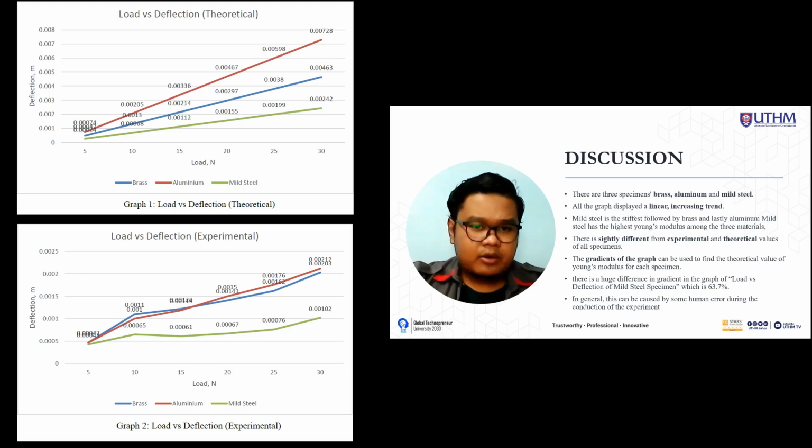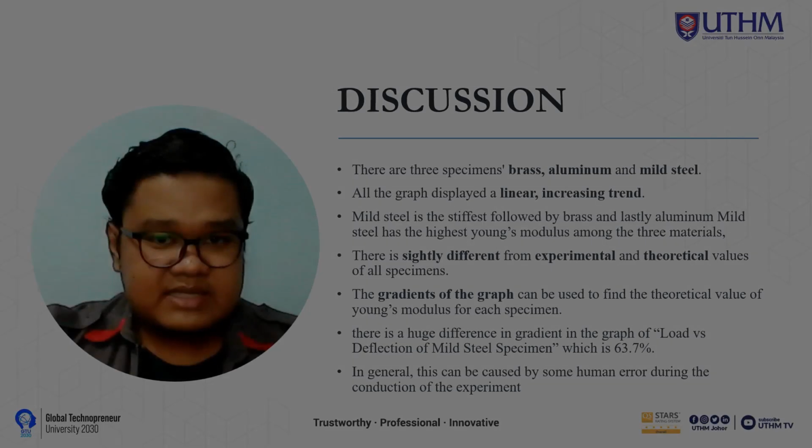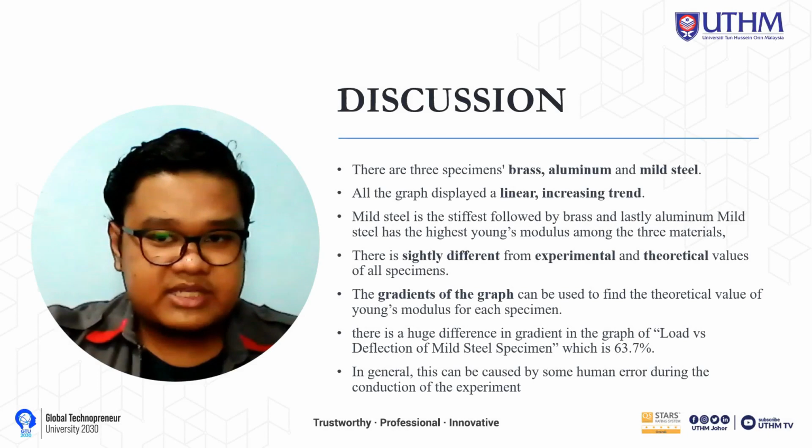When comparing the deflection between all three specimens, brass, aluminium and mild steel, we found that mild steel is the stiffest, followed by brass and lastly aluminium. This is because mild steel has the lowest deflection compared to brass and aluminium.